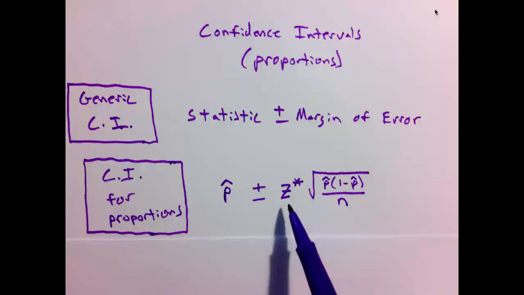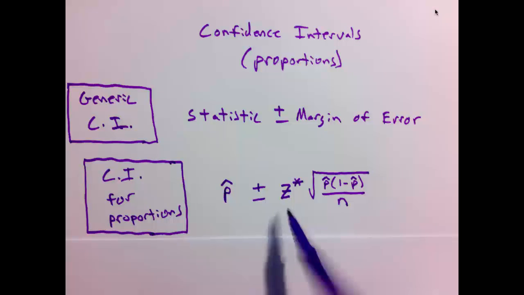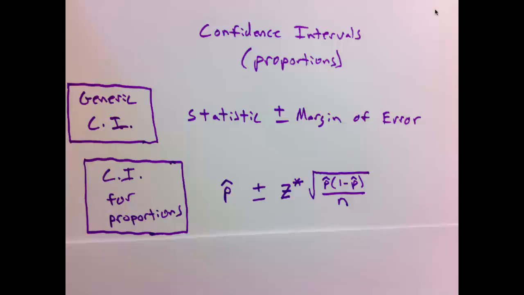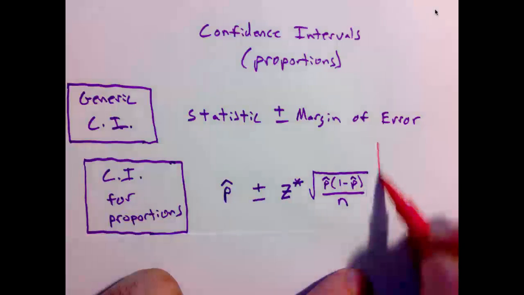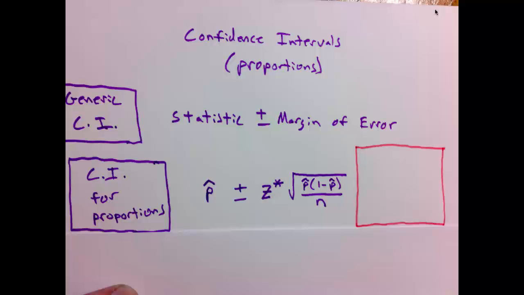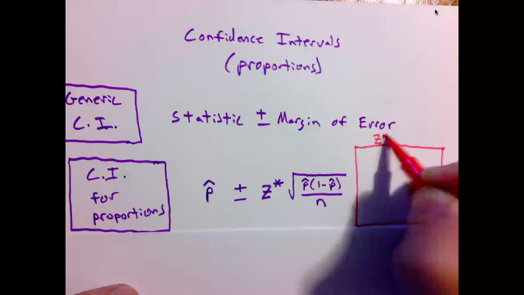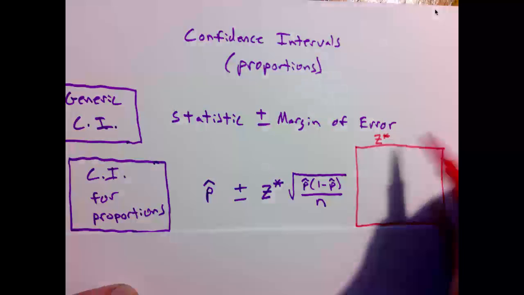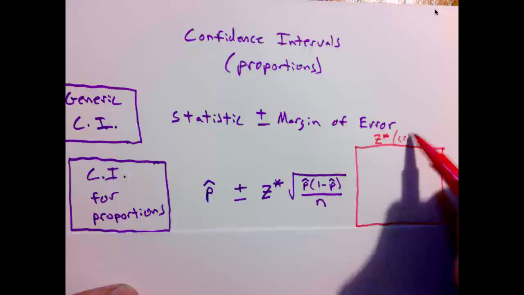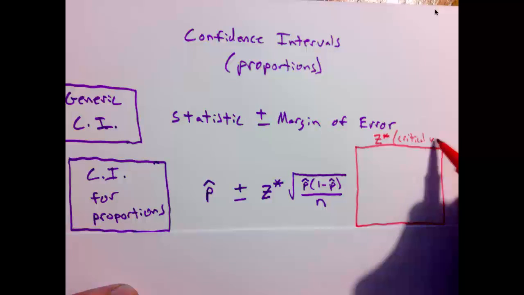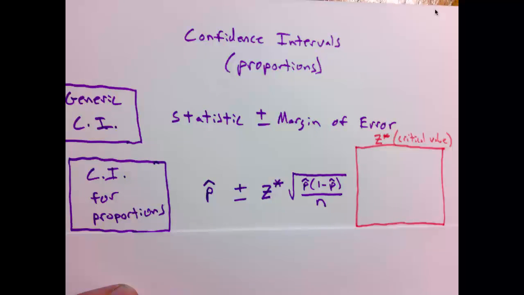Z star is going to be given to us. It's a critical value, and here are three of the common ones we're going to be using. We have a critical value for a specific confidence level.